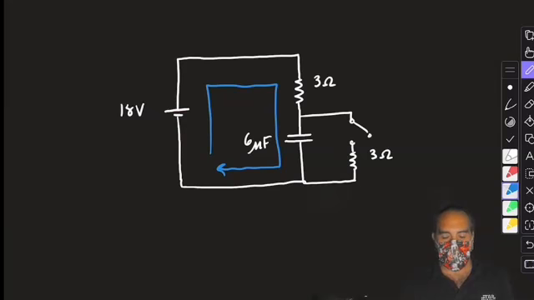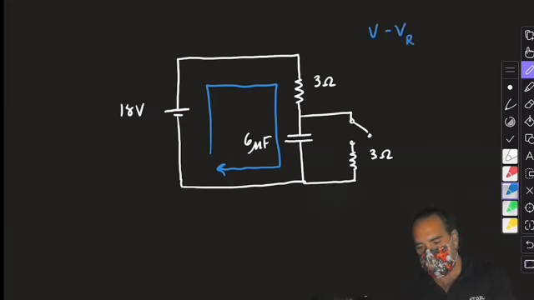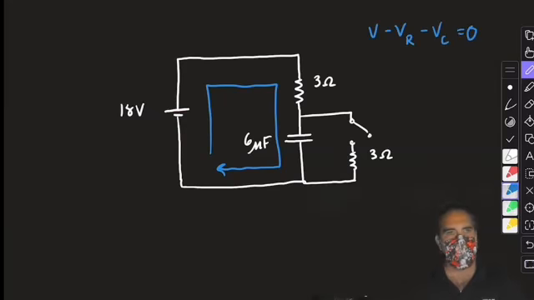Now, if I tried to use Kirchhoff's laws to describe this loop, what would be the voltage across the resistor? I mean, we could say that there's the 18 volts minus the voltage across the resistor minus the voltage across the capacitor. We can set that equal to 0.